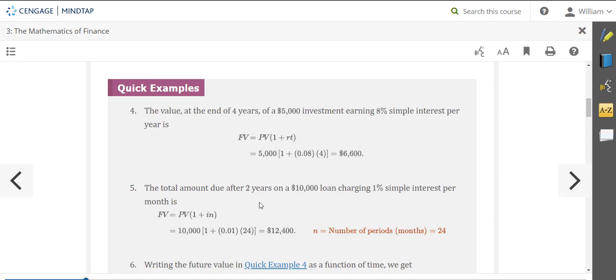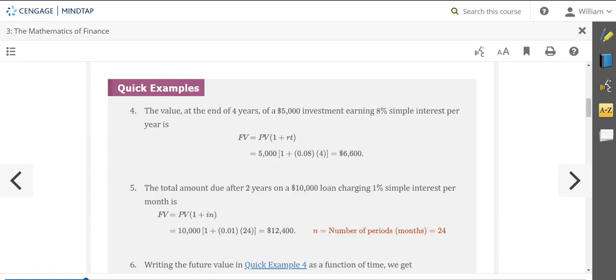So the interest rate per month is 1%, 0.01, and it's 2 years, but since we're quoting the interest rate per month, we have to quote the time, or N, in terms of months. So 2 years is 24 months. So we get this times this, and then times the present value like this.